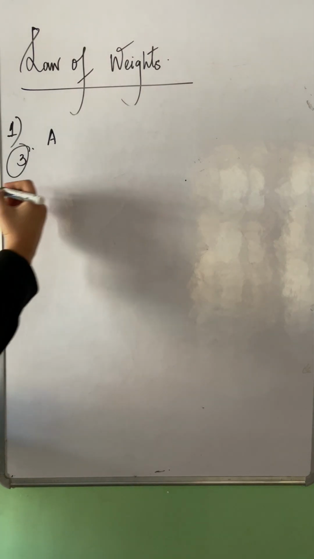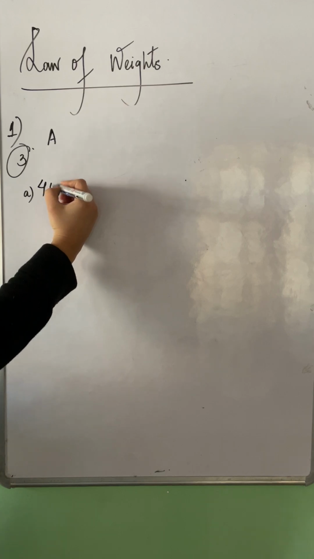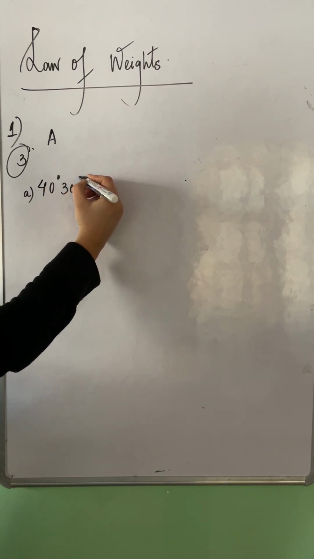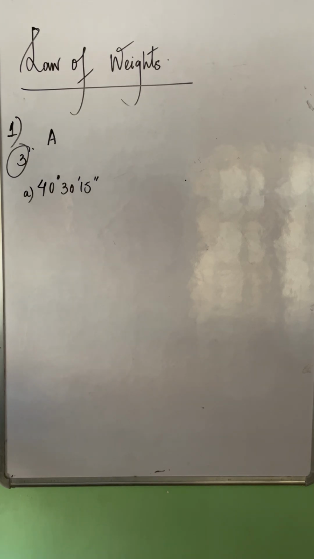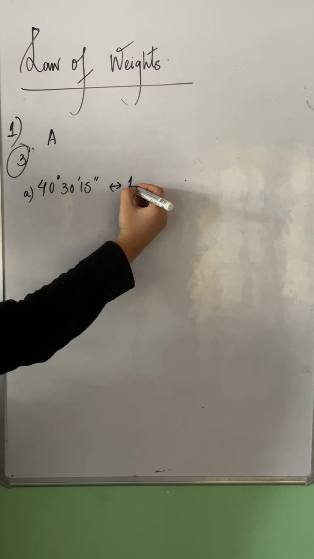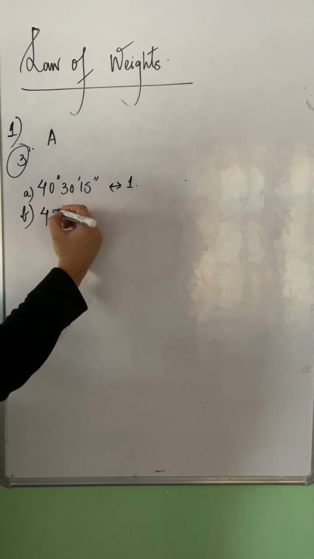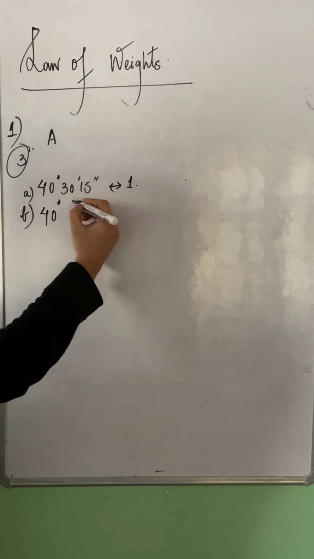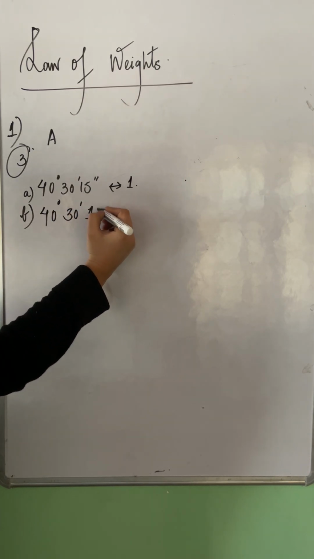Let's suppose the first one is 40 degrees, 30 minutes and 15 seconds, and each observation has a unit weight. This has to be noted. The second value of this angle is 40 degrees, 30 minutes and 10 seconds.